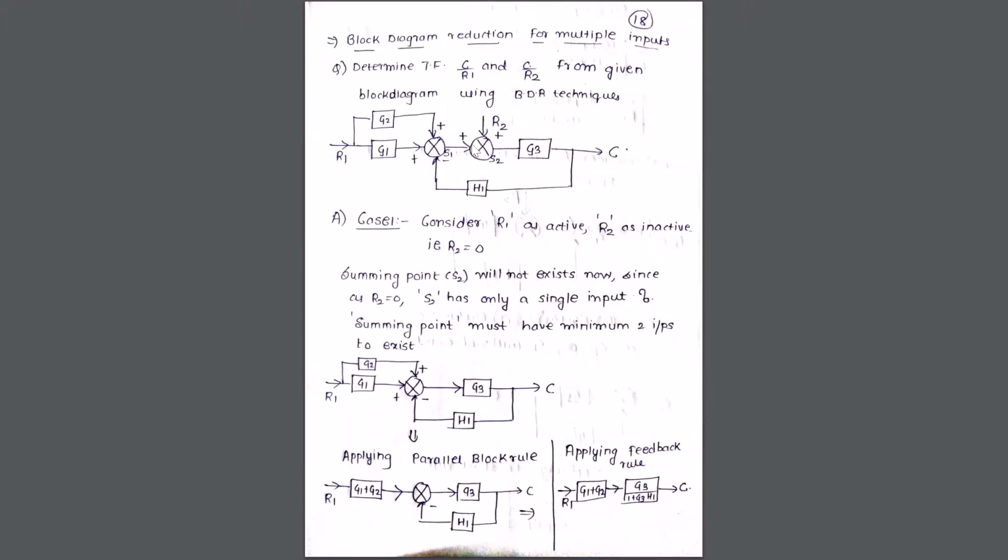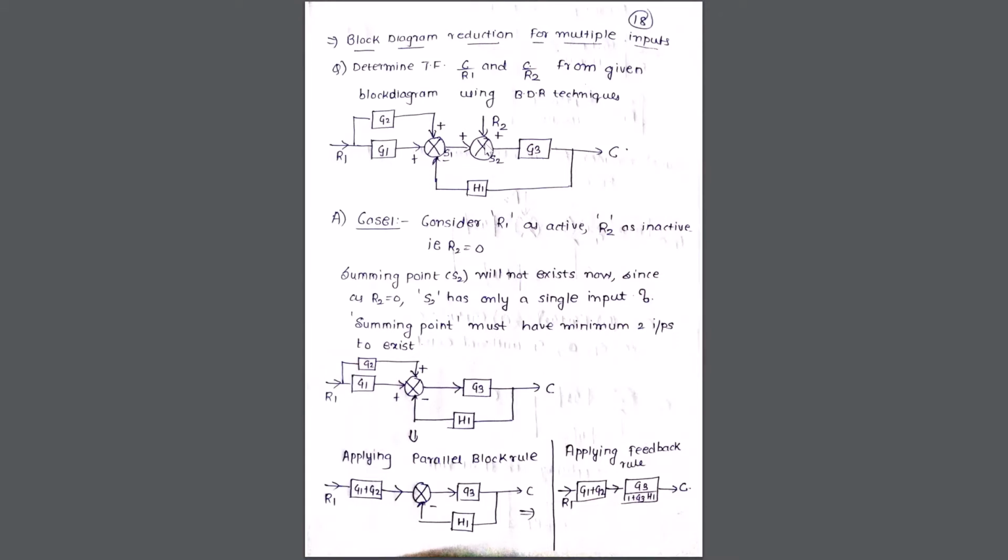If there is only a single input to it, then that summing point is redundant. You can remove that summing point. Hence, I have written the summing point S2 will not exist now. Since R2 is 0, S2 will have only a single input and a summing point must have at least two inputs to exist. Hence, I can straight away remove this summing point and reduce my block diagram to this.